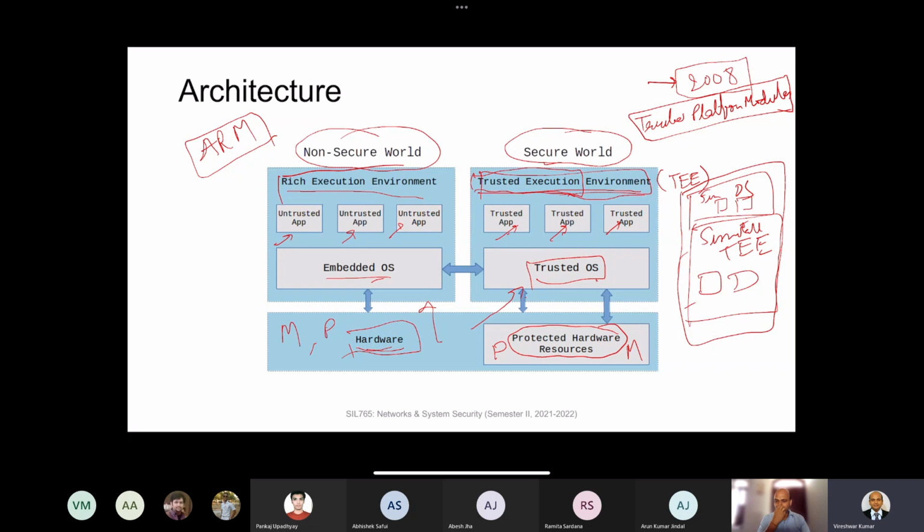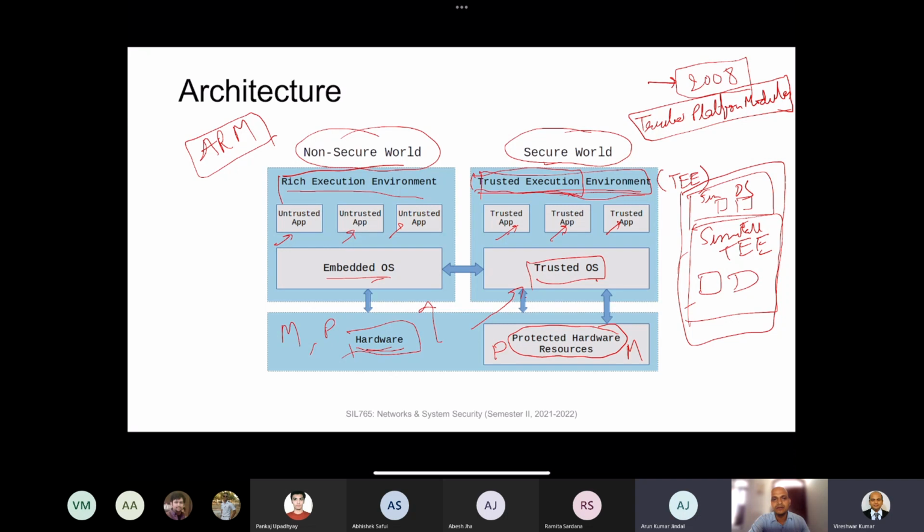So now your rich execution environment is not able to utilize all 4 cores that it could have utilized when this trusted execution environment was not enabled. So definitely having a trusted execution environment has some cost, and it depends on the application, whether you would like to have such cost incorporated in your system or not.